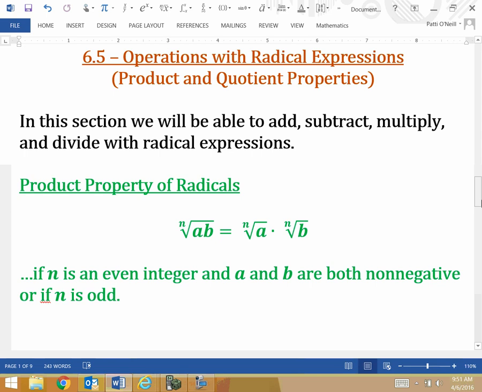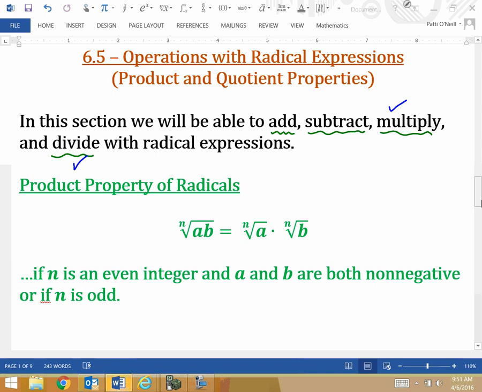So in this section, the entire section, ultimately you're going to be able to use the 4 operations with radicals: add, subtract, multiply, and divide. And for this video, like I said, we're going to focus on the idea of multiplication and division. Multiplication in the sense, this product property, not really multiplying too many things together. And then we'll bring it back more as a whole towards the end of the section.